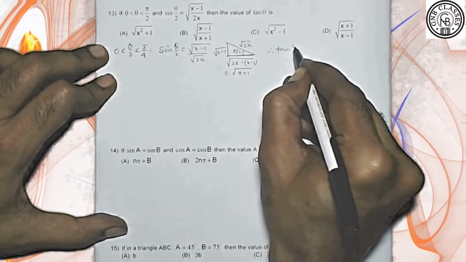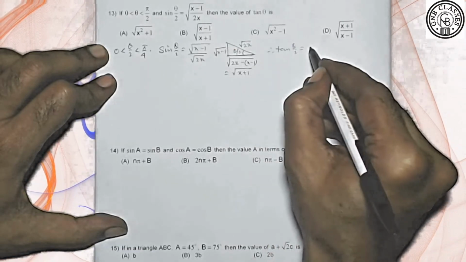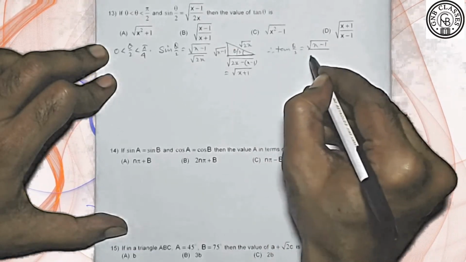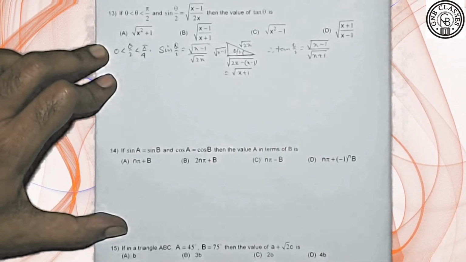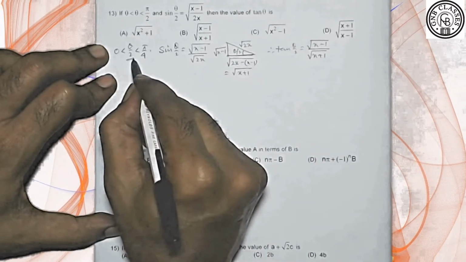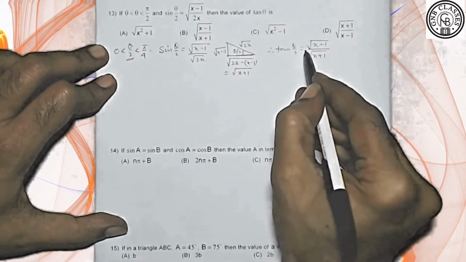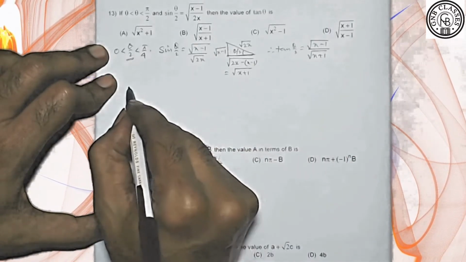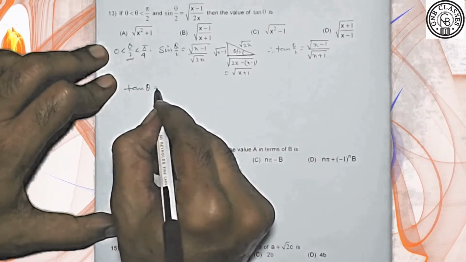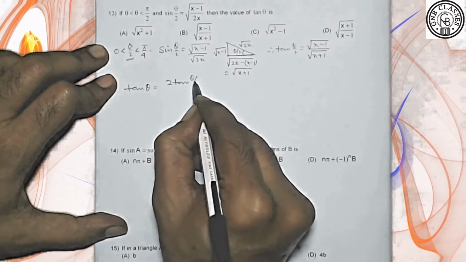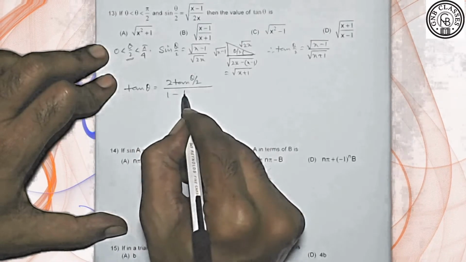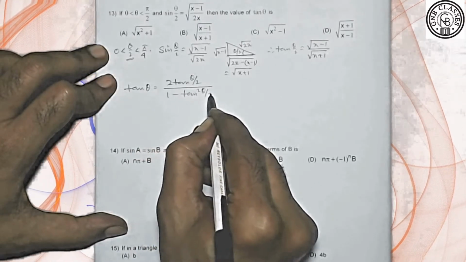Therefore, tan theta by 2 is under root x minus 1 by under root x plus 1. Is it clear? And as theta by 2, I mentioned it is in the first quadrant, therefore tan theta by 2 will be positive. Now we have to find out the value of tan theta by applying the submultiple formula. We have 2 tan theta by 2 divided by 1 minus tan square theta by 2.